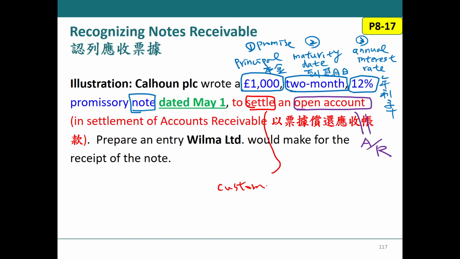Customer cannot pay accounts receivable today, so customer give you a written promise.